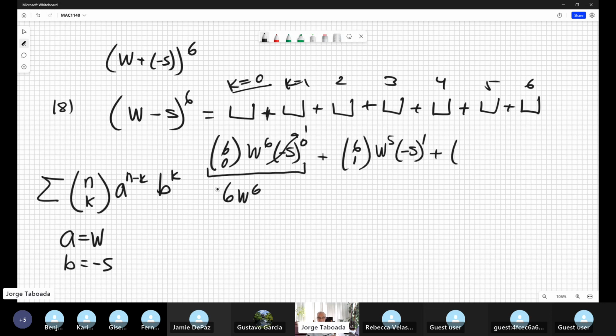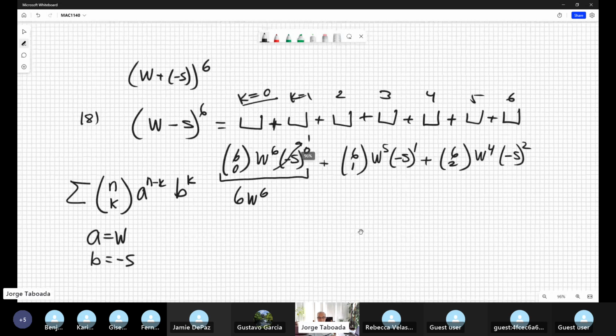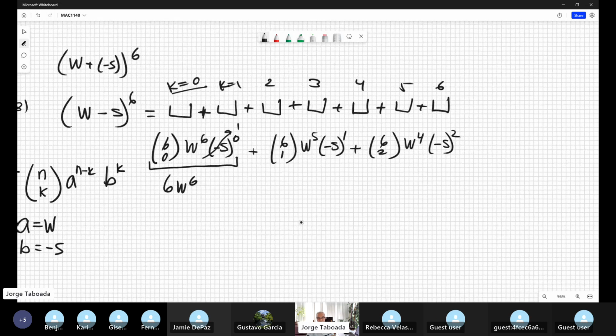What is the next? The next is combinatory number 6, 2, W4 decreasing, minus S squared, so increasing in the B. One more is combinatory number 6, 3, W3 minus S cubed.